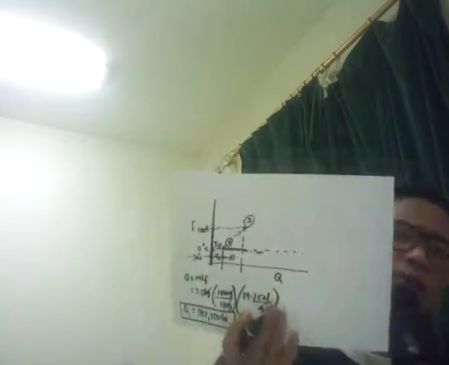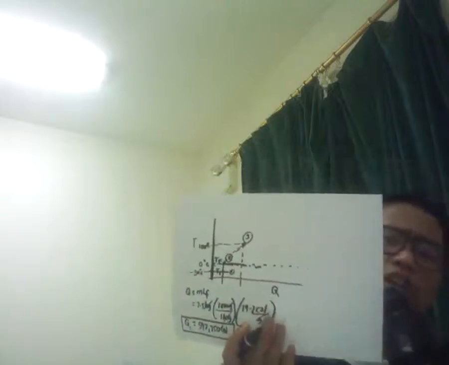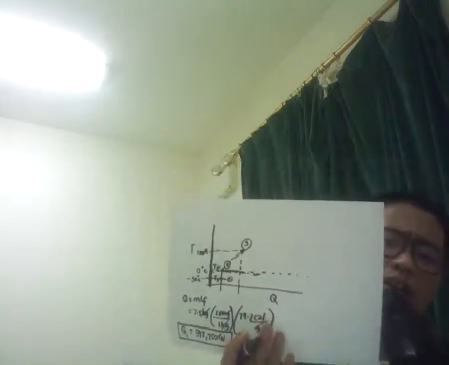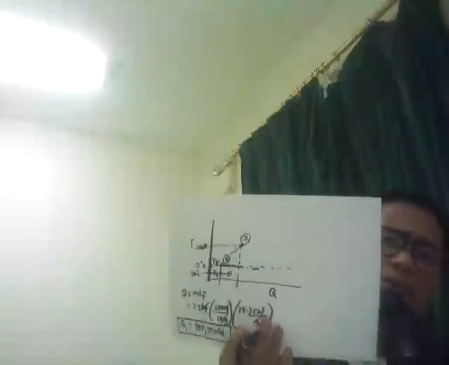So at 100 degrees Celsius, make an imaginary horizontal line and connect that one. That's point 3. From point 2 to point 3, this is now a temperature change, from 0 to 100 degrees Celsius. So our final temperature is 100 and our initial temperature is 0 degrees Celsius.